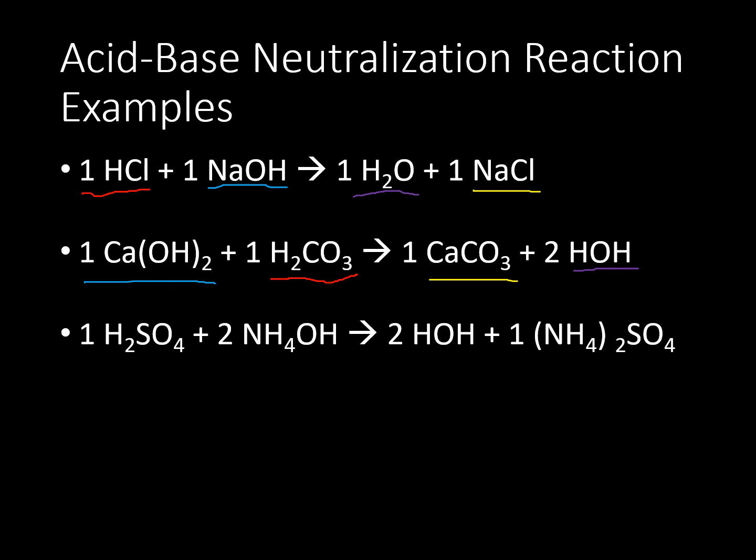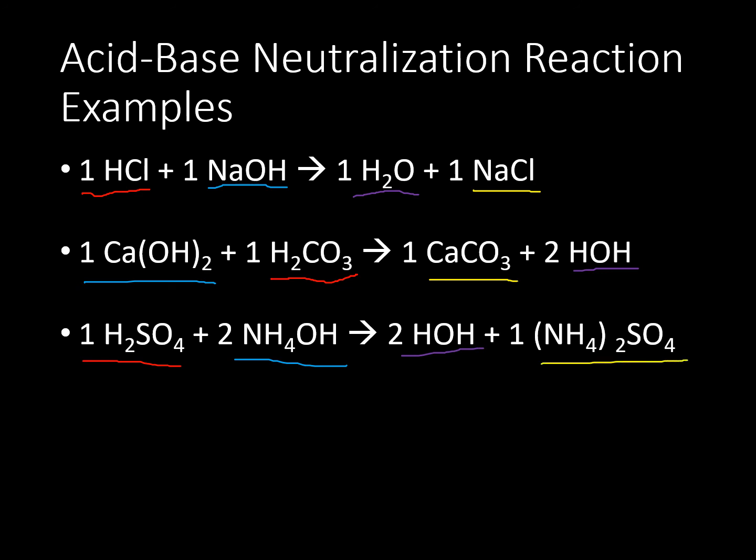Next example we have here is 1 H2SO4 plus 2 NH4OH yields 2 HOH plus 1 (NH4)2SO4. Again, acids are always going to start with hydrogen. Bases are always going to end with hydroxide. Water will always be H2O or HOH.